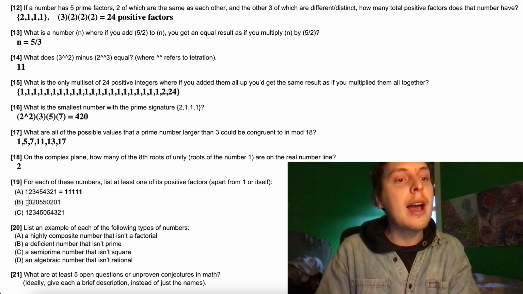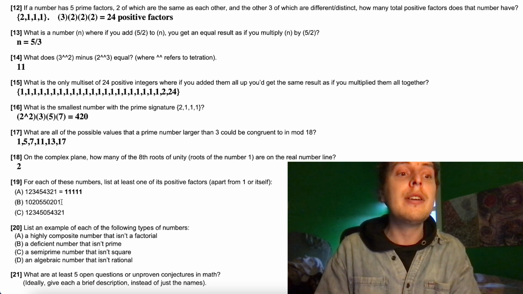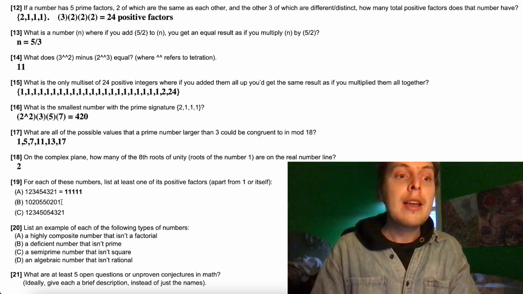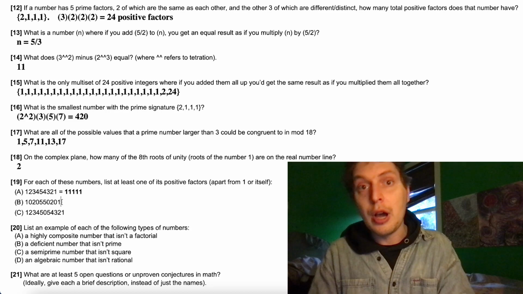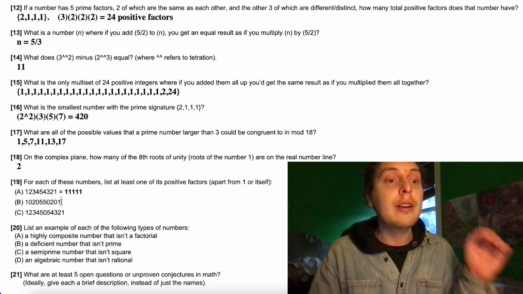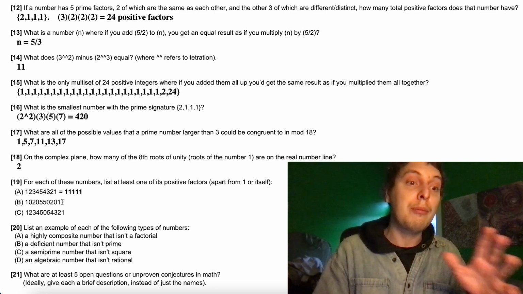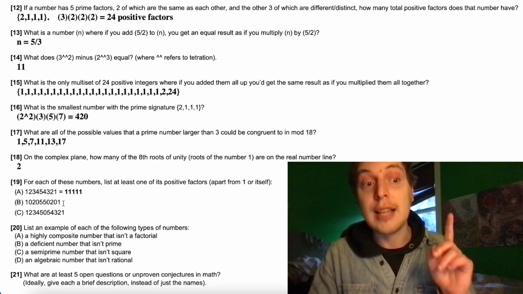Now, next we have a palindromic number, but with an even number of digits. Now, I've mentioned in my episode about palindromic numbers that if they ever have an even amount of digits, we know that they are a multiple of 11.